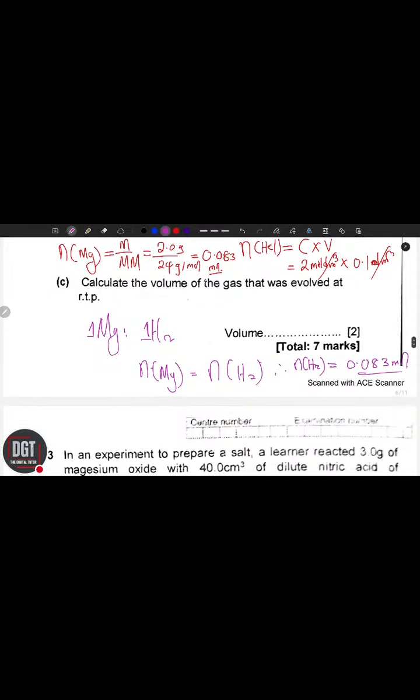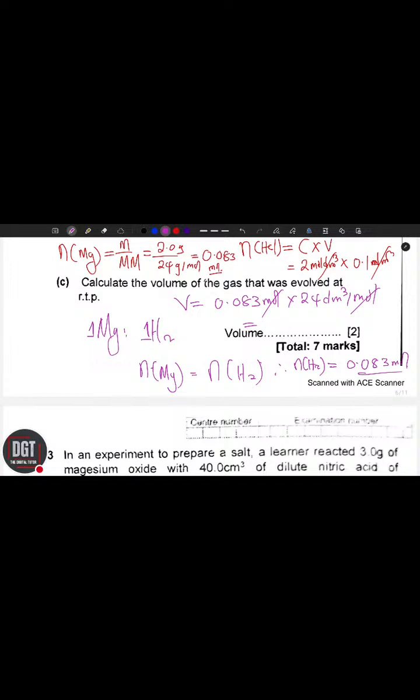Then we can now multiply. Volume equals number of moles, 0.083, multiplied by the molar gas volume at RTP, which is 24. So I can say mole multiplied by 24 decimeter cubed per mole. Mole and mole cancel. What are we going to have as a volume? Kindly multiply.